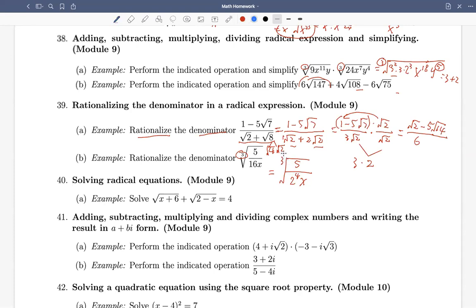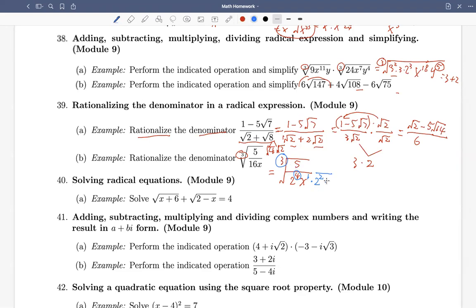Now, if I want the denominator to come off this index, I need to make the exponent to be multiples of 3. X raised to 1, not a multiple of 3. So what do I do? I multiply by 1 again. And what I need in the denominator is a 2 squared, because 2 raised to 4 times 2 raised to 2, 4 plus 2, is 2 raised to 6. 6 is 2 times the index 3.